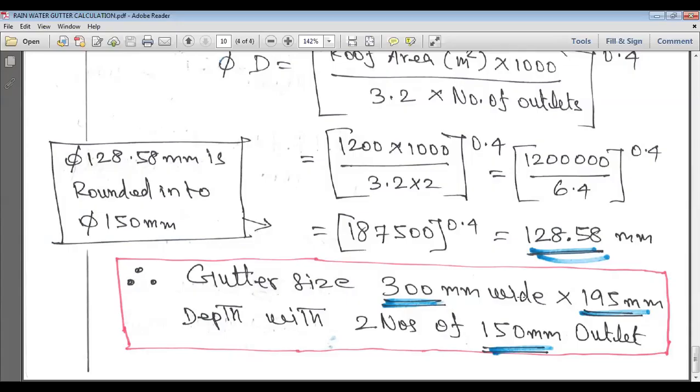Otherwise, if it is equal to 400 or 390, you have to increase the size, assume some 450, then calculate again. The width of the drain should always be larger than the depth. That concept is there in drainage, so we have to keep it in mind.